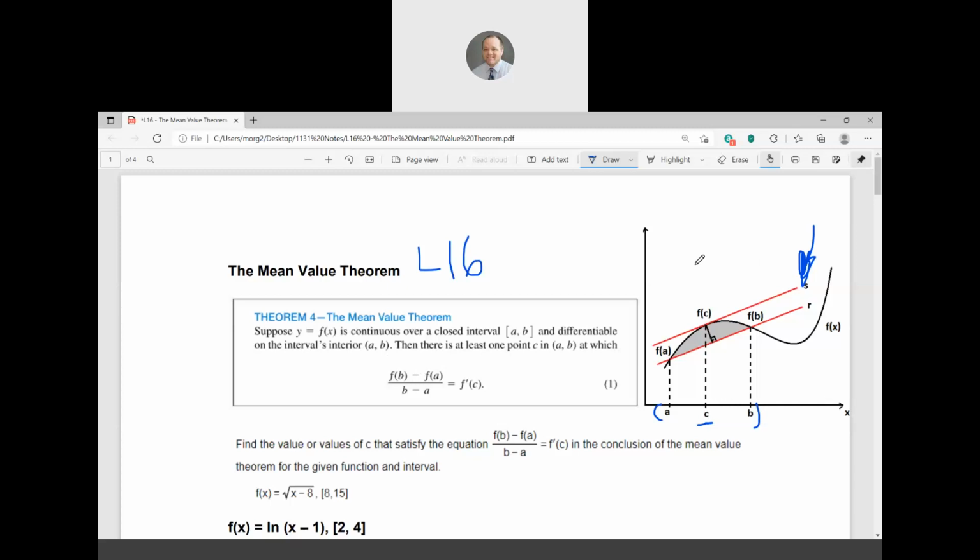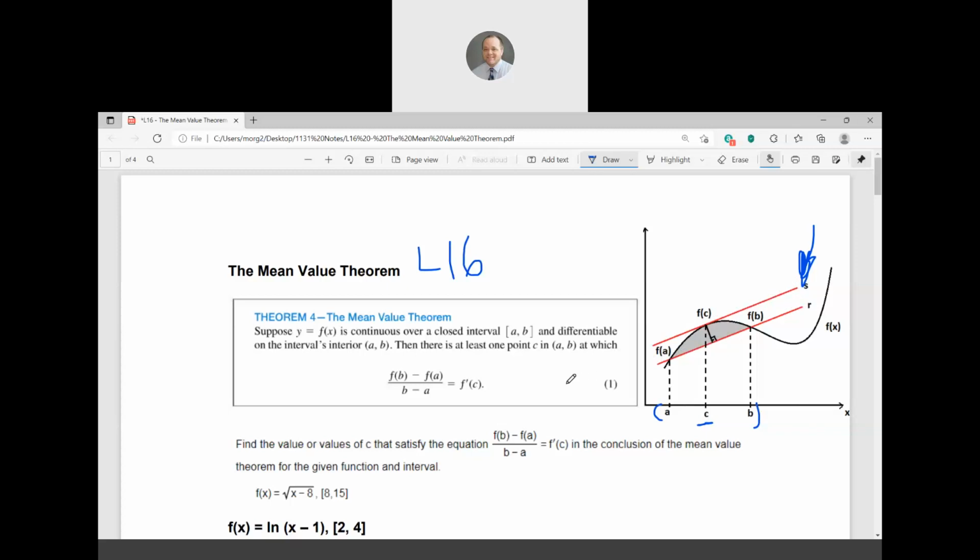So according to the picture, there should be some c here in between a and b, as I mentioned, where your first derivative is equal to your slope. What that means is here is the tangent line at f of c, and here's the secant line going through our f of x curve.